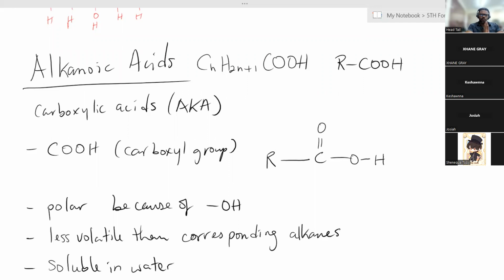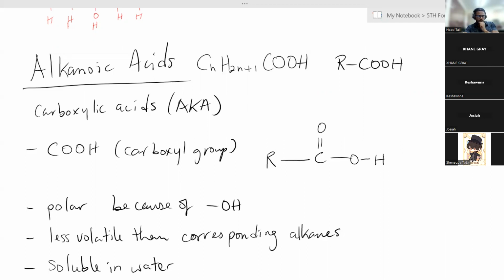Shaniqua, why are the alkanoic acids soluble in water? Or what makes them soluble in water? Because of the OH ions. All right, not the OH ions, but the OH group, the hydroxyl group.